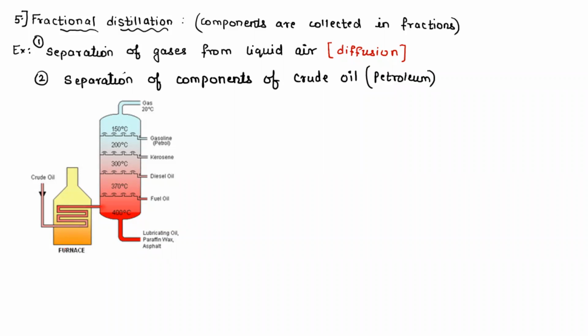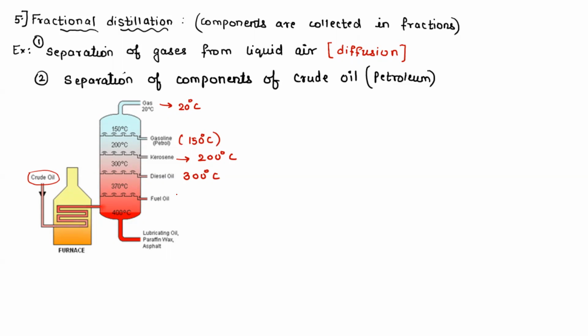If you see, there is crude oil over here, and based on the boiling points, this is a gas which has a 20°C boiling point. Petrol has around 150°C, kerosene has 200°C, diesel 300°C, and so on.